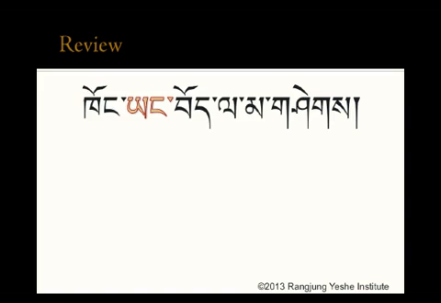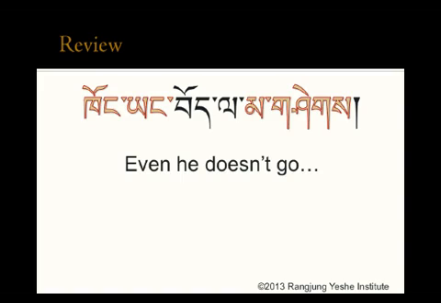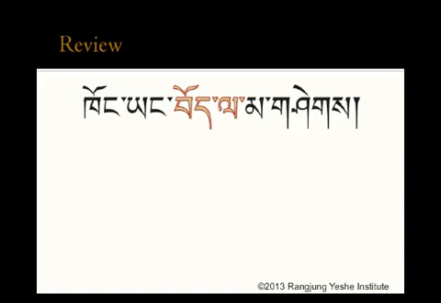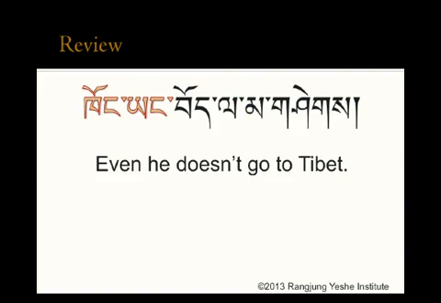Next to kong, we have yang, which, remember, means also or even. So we can say, even he doesn't go. And what we're left with is bula. This is showing where he doesn't go, to Tibet. Even he doesn't go to Tibet.